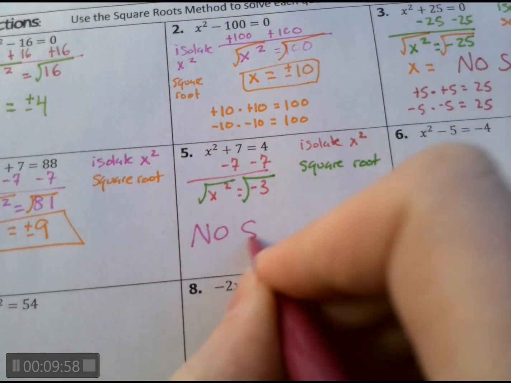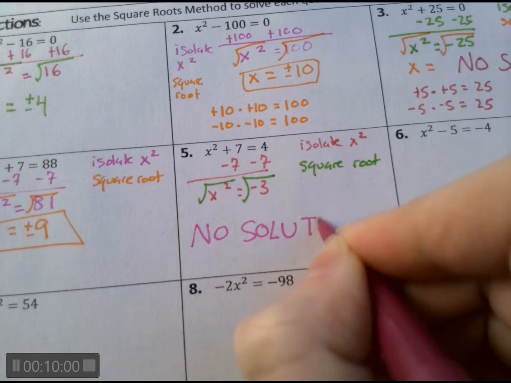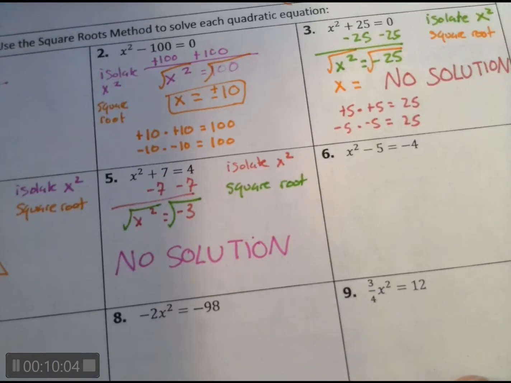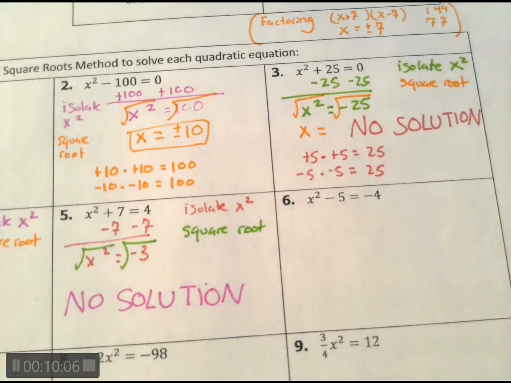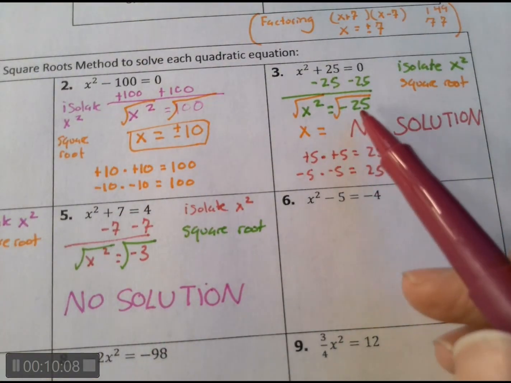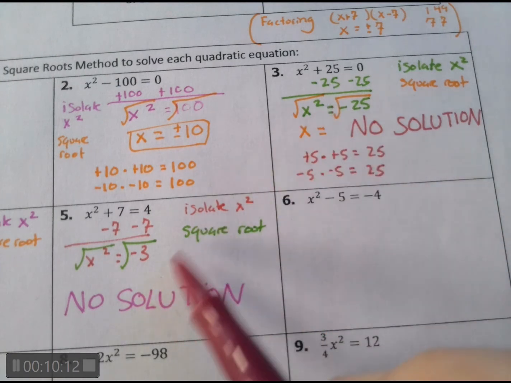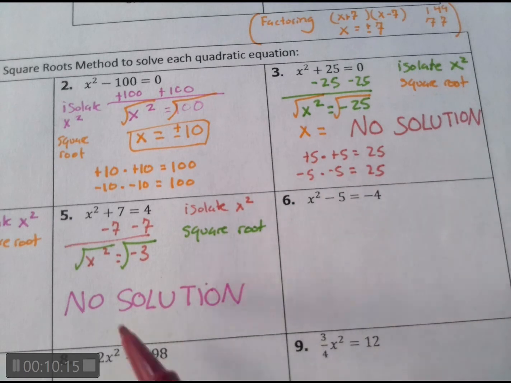So what I want you to notice now is I want you to take a look at 3 and at 5. When we tried to take the square root of negative 25 and negative 3, what was the common thing? Yes, they both gave us no solution. But why did they both give us no solution?